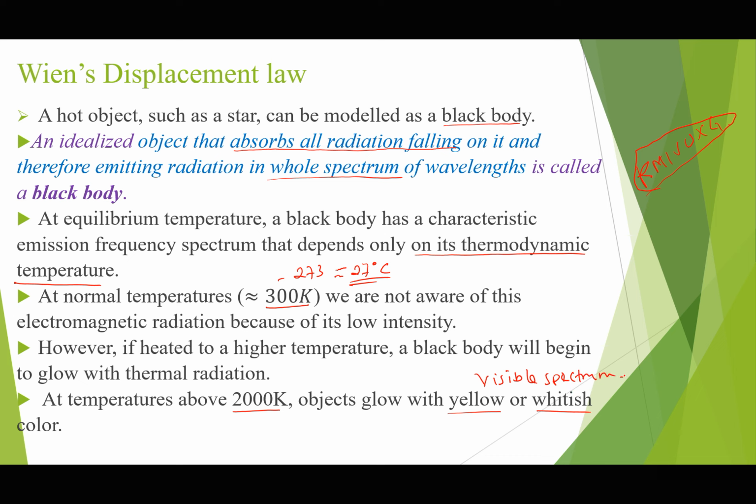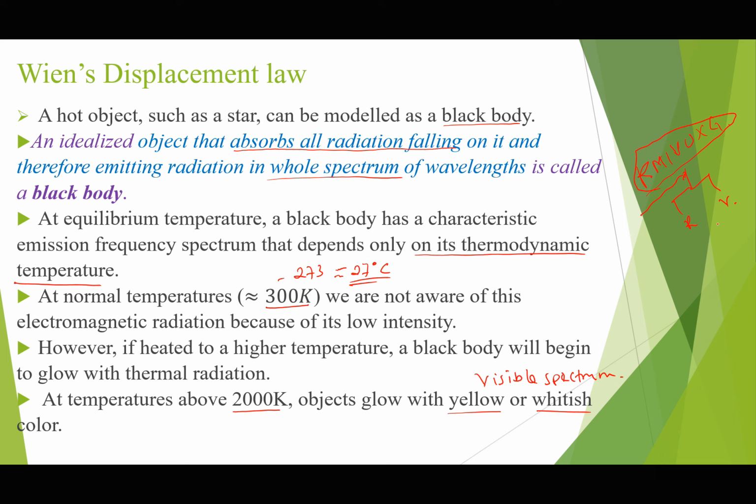So when the temperature was low, the wavelength was high, we had not reached the visible spectrum, so we may not be aware of such radiations coming from a black body because of the low intensity and the high wavelength. But as temperatures increase, the wavelength of radiations coming from the body decreases, and tends towards the visible region where we have the 7 colors ranging from red to violet, which our eyes can easily detect.